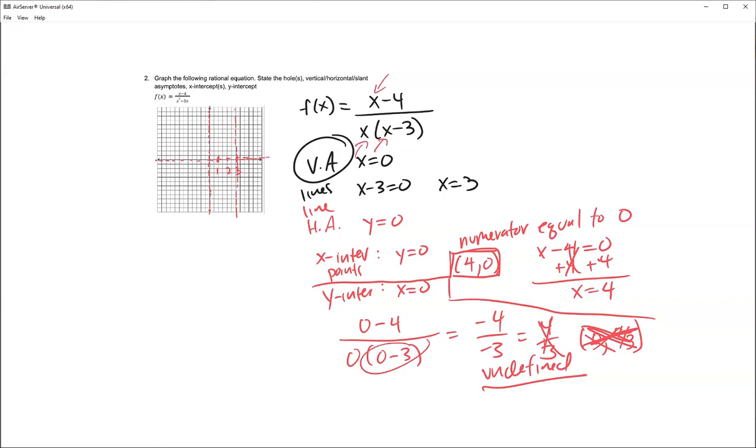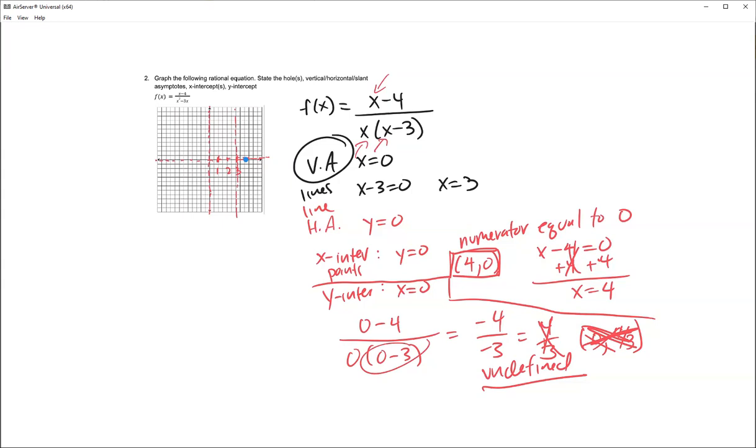So 4, 0 is the x-intercept. That's interesting. Is that right? But isn't the horizontal asymptote at y equals 0, too? And it's still x equals 4, so 4, 0, and x equals 3.